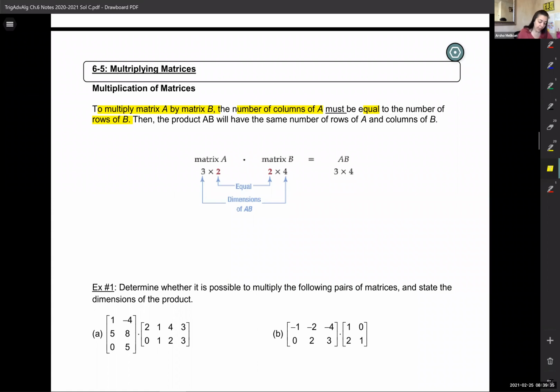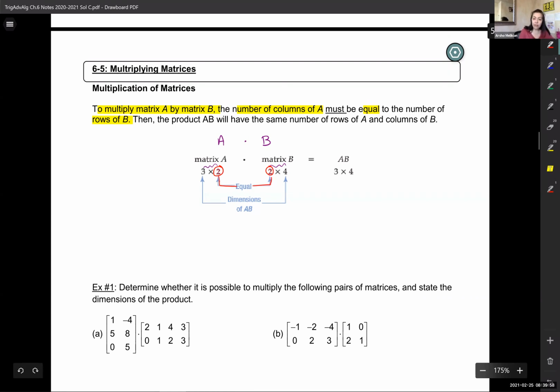All right, so how do we do this? This is how we do it. Suppose you want to multiply A times B. You write down the dimensions for A, you write down the dimensions for B. So suppose A is 3 by 2 and B is 2 by 4. These inner numbers have to be equal to each other.